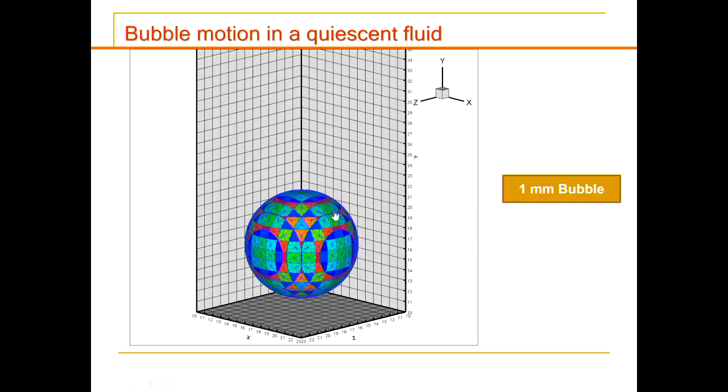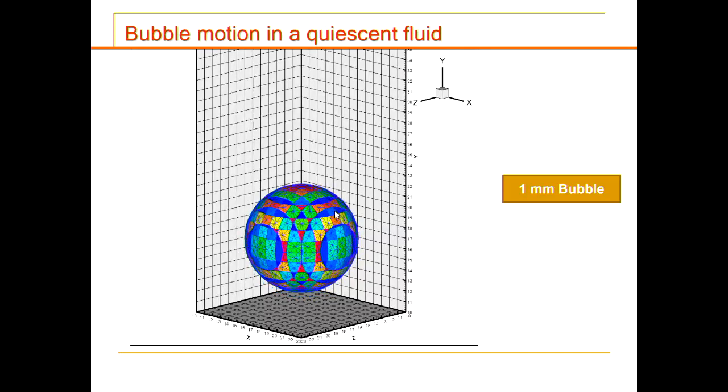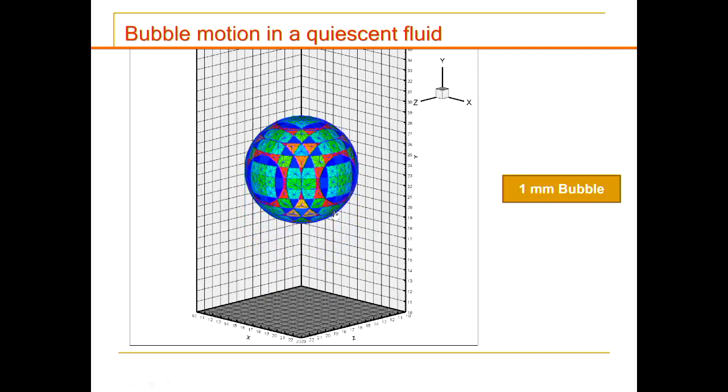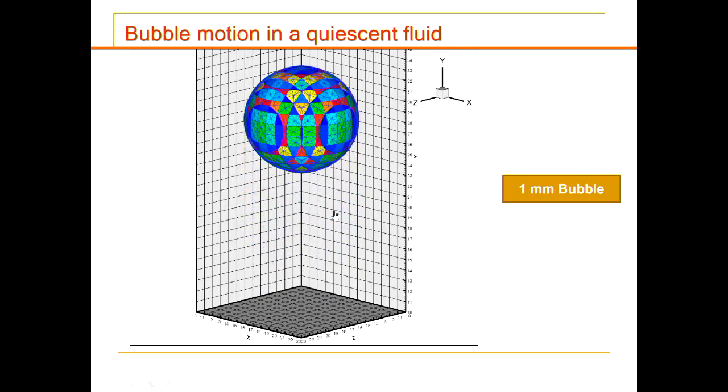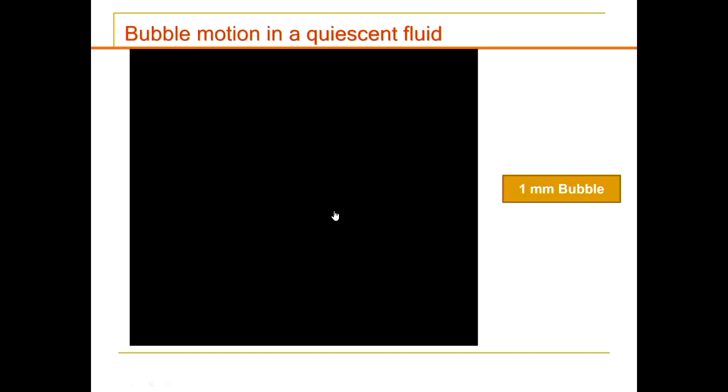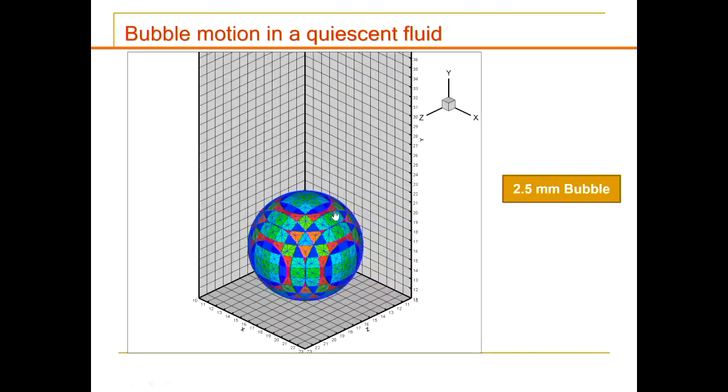So if you look at a 1 millimeter bubble, we know that it's going to stay spherical, and it stays spherical. The different colors you see are the different surfaces cutting the control volume of the background mesh. If you look at a 2.5 millimeter bubble, do you think it's going to be deformed?